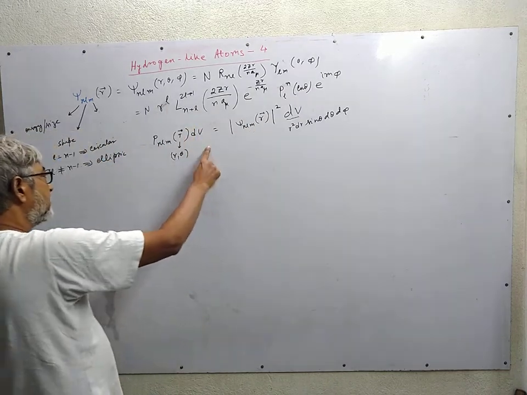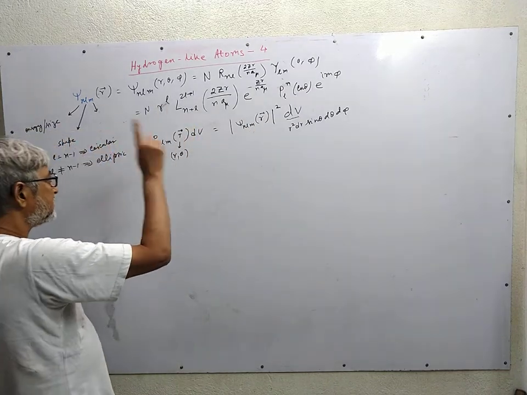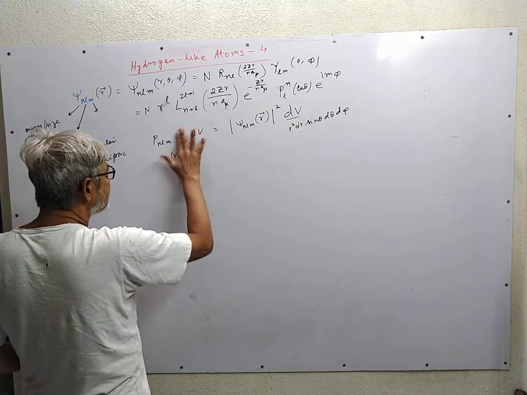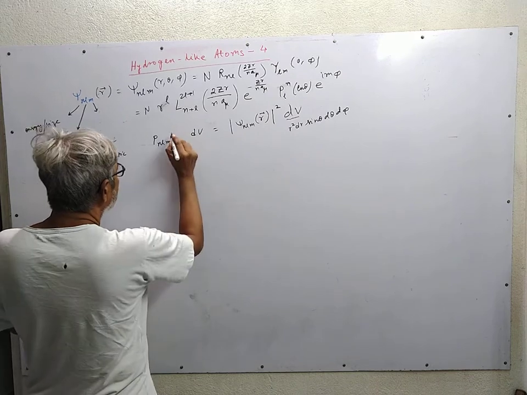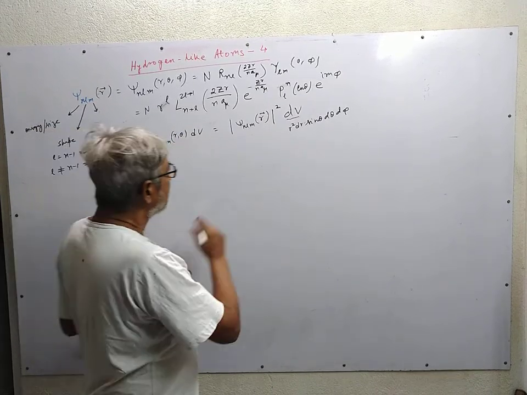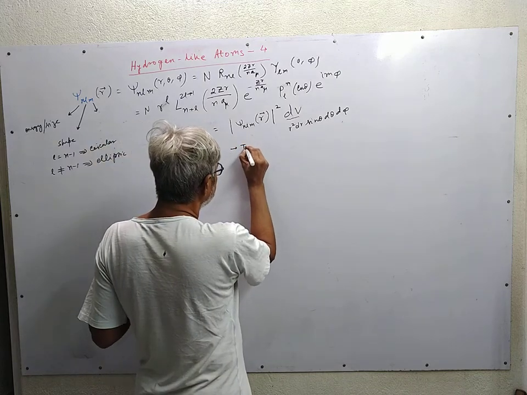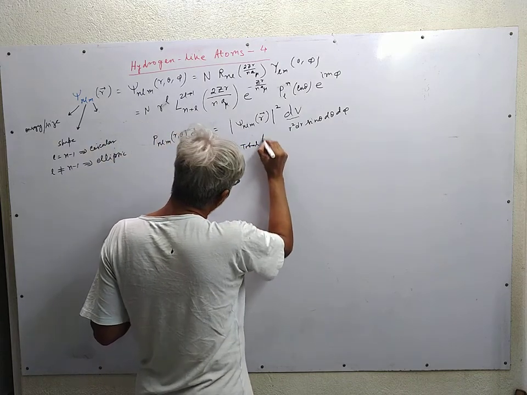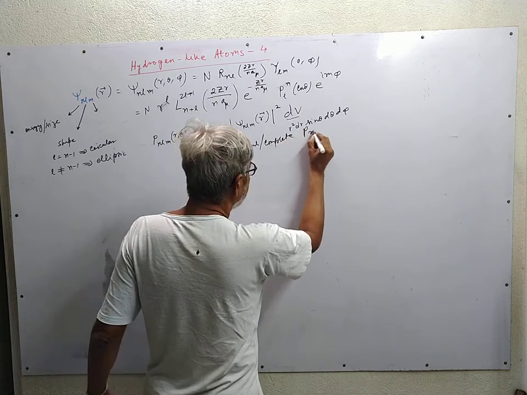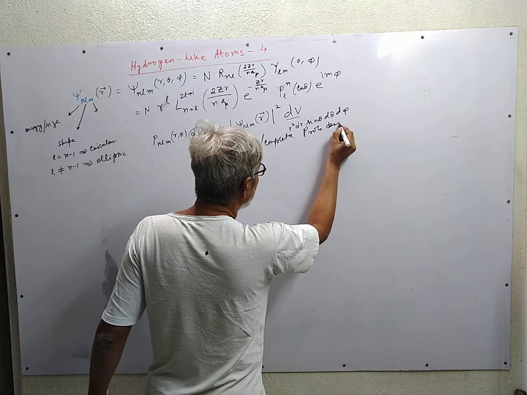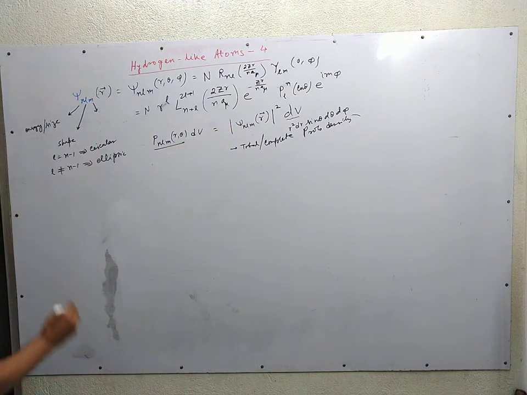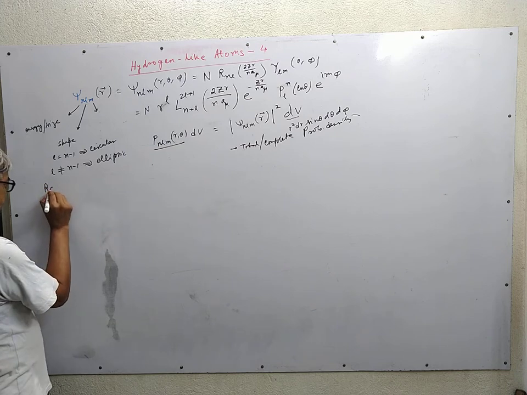And we say that the probability density doesn't have any phi dependence. So we derive this as a function of r and theta, which we call the total or complete probability density. Now we come to the radial probability density.